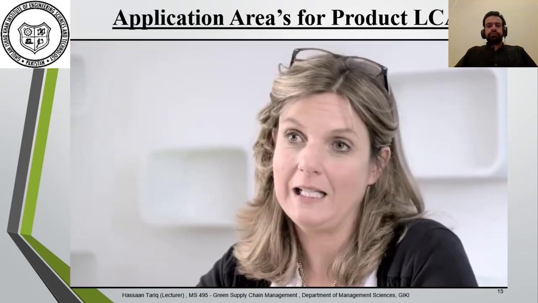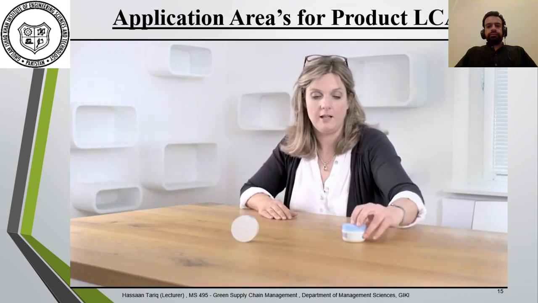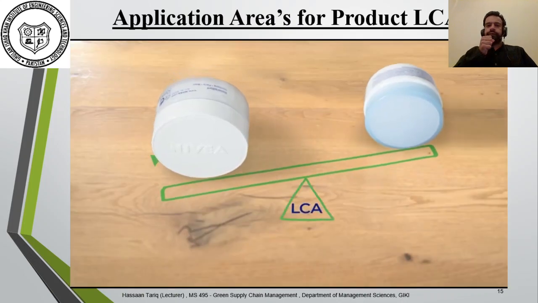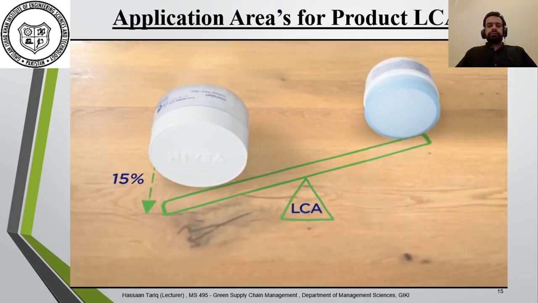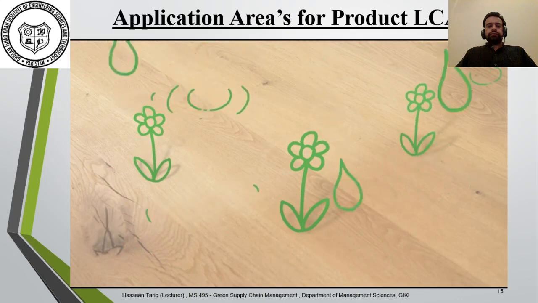what we found was not exactly what we expected. The plastic jar is more environmentally friendly than the glass jar. We were able to reduce the greenhouse gas emissions by 15%, which is a huge saving. And that happened without actually damaging or harming the other environmental impact categories like soil and water.